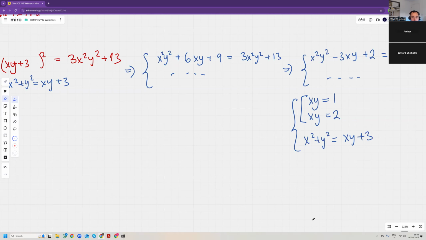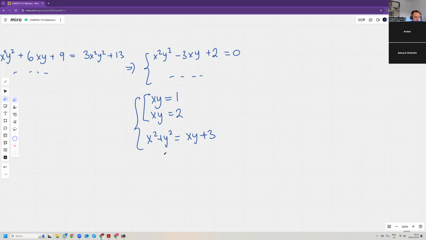Okay, now we do the same trick with the last equation. We do the same trick. We say that x squared plus y squared, let's write it here.